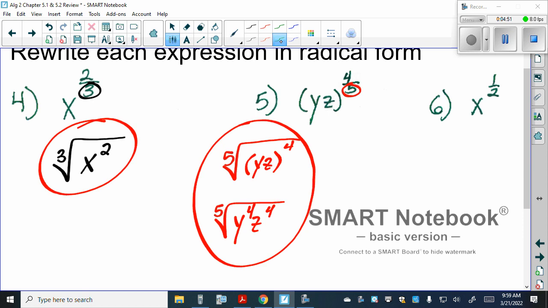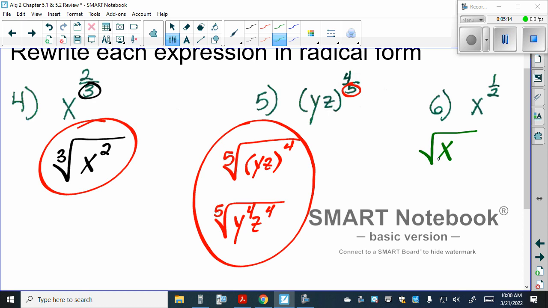And lastly, we have x to the 1/2. So we're going to have our radical, and we'll have x inside. And what number goes in our root? 2. Do we have to write the 2? No, because if we have a 2, it's telling us that we're taking the square root.